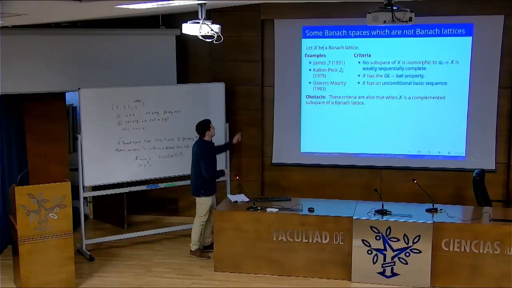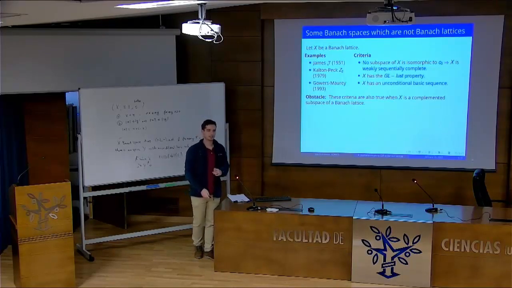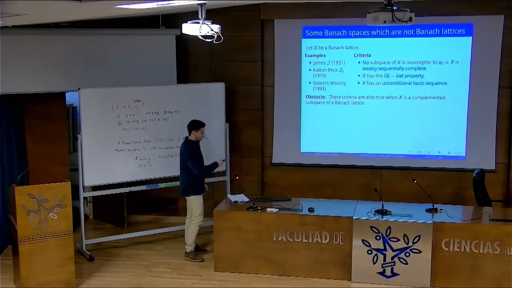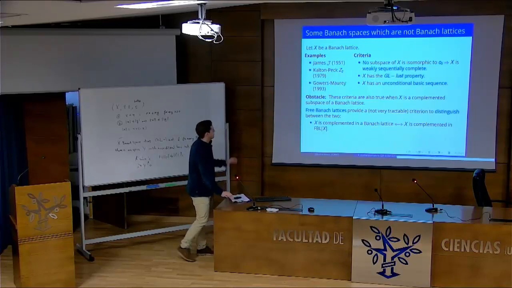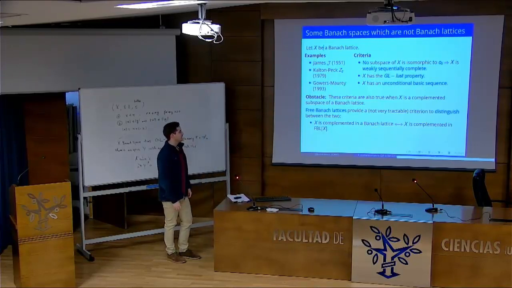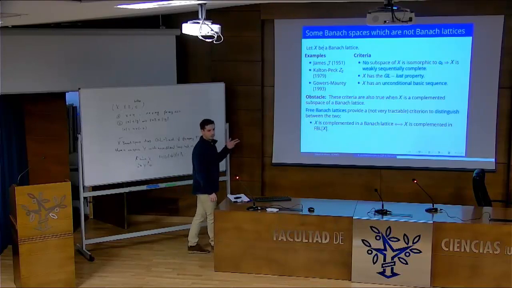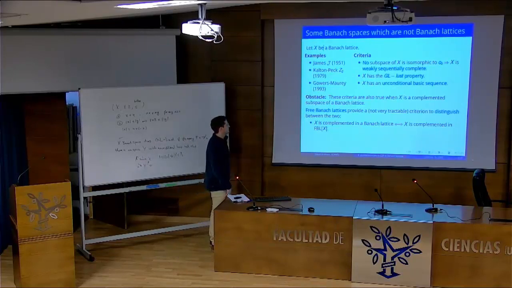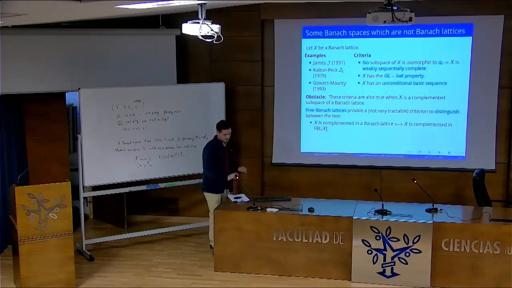So these examples are not isomorphic to complemented subspaces of Banach lattices either. Okay, free Banach lattices provide a criterion to distinguish between the two notions, complemented subspaces and spaces isomorphic to Banach lattices, but it's not a very tractable criterion.